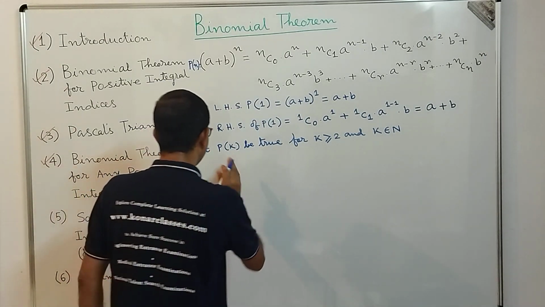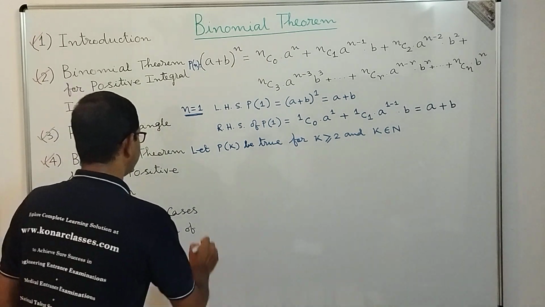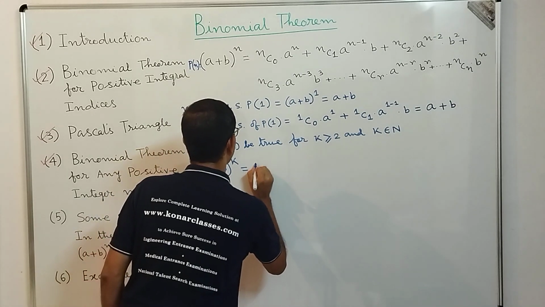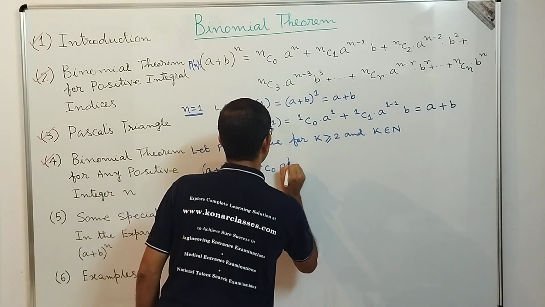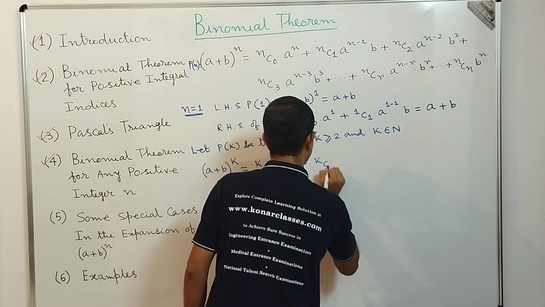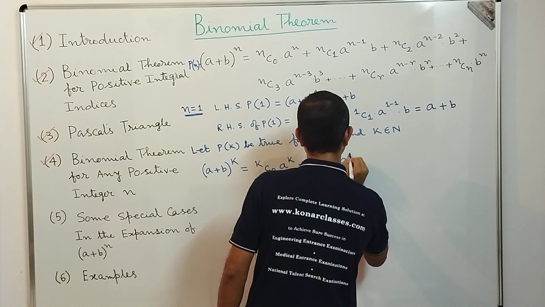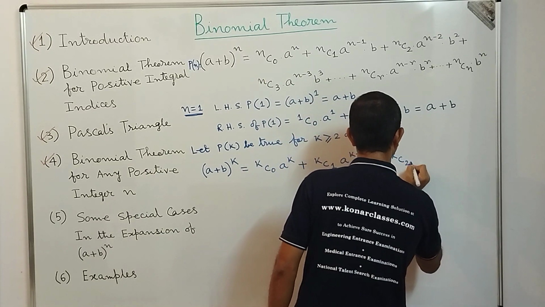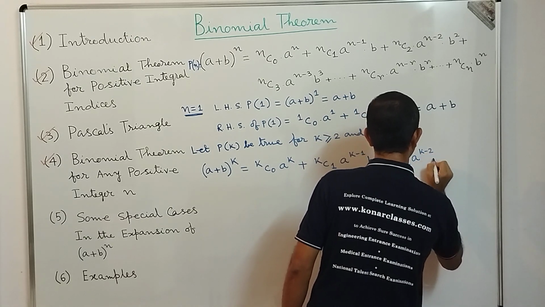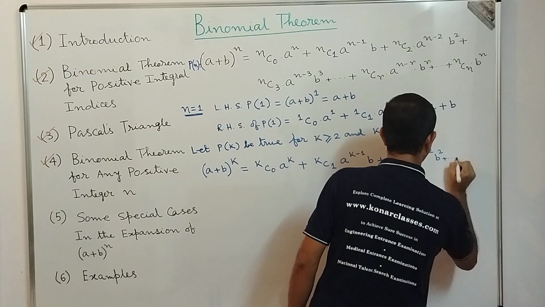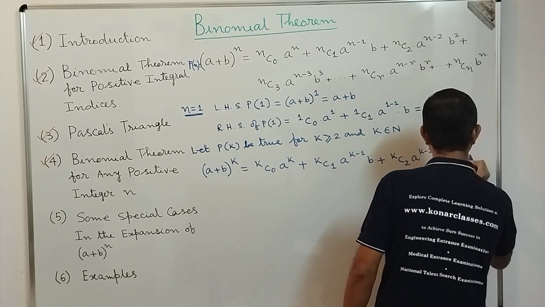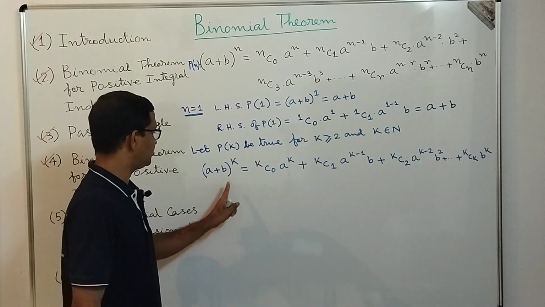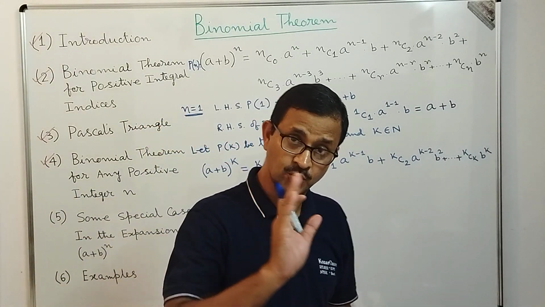If Pk is true, then we can assume that (a + b)^k is equal to kC0 a^k plus kC1 a^(k-1) b plus kC2 a^(k-2) b^2. In that way we get the last term as kCk b^k. Correct? Because we assume that it is true for n equal to k. So this is what we are assuming.